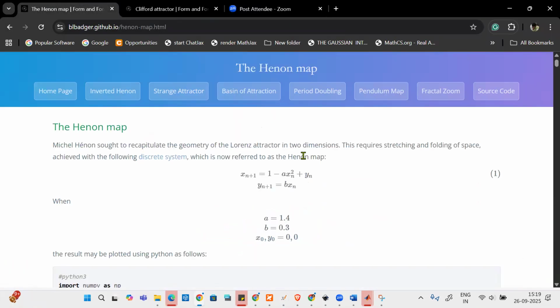This is a very nice website which I found, where the animations for the Henon map and everything are very nicely presented.